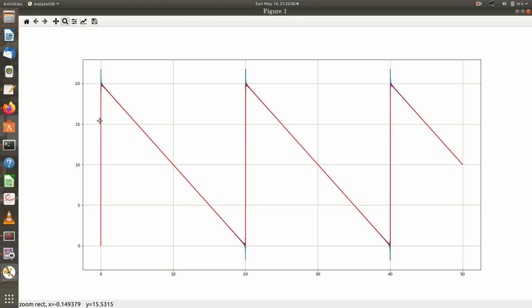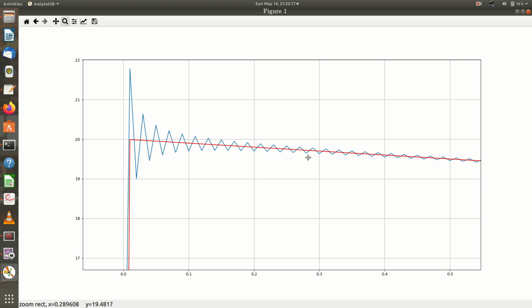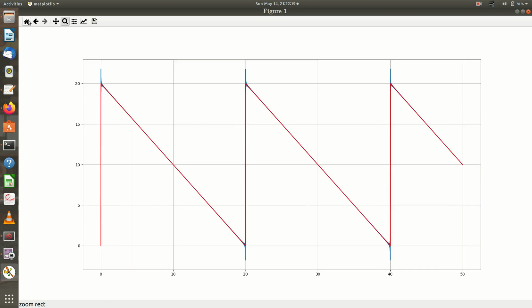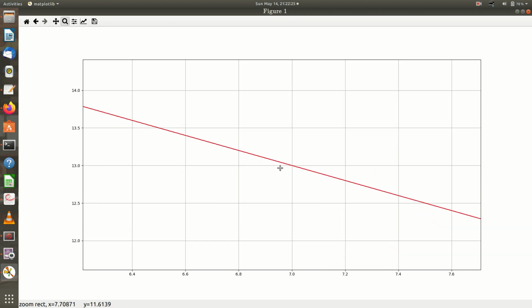Here you can see that even with 1000 terms, at the discontinuities you can see these oscillations. This is the Gibbs phenomenon. But during the continuous period you can see that there is great agreement between the actual signal and the Fourier series.